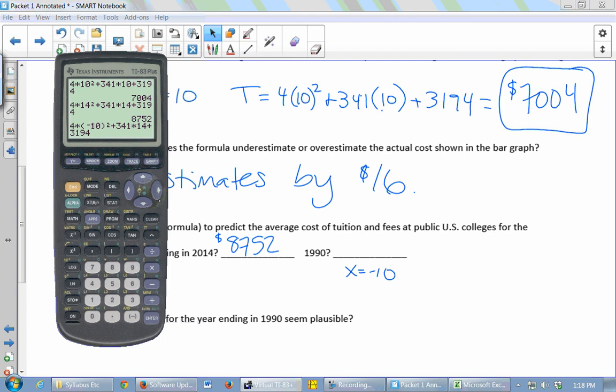Okay, so squaring the negative 10, and then here I need a negative 10. All right, so I put negative 10s in, and I get 184.